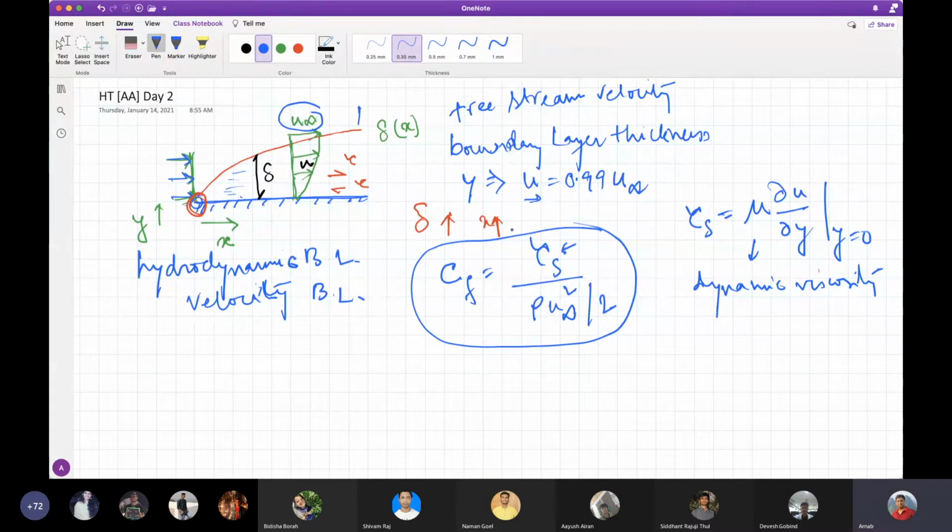So which means the surface shear stress and the friction coefficient also depend on x, the distance from the leading edge.